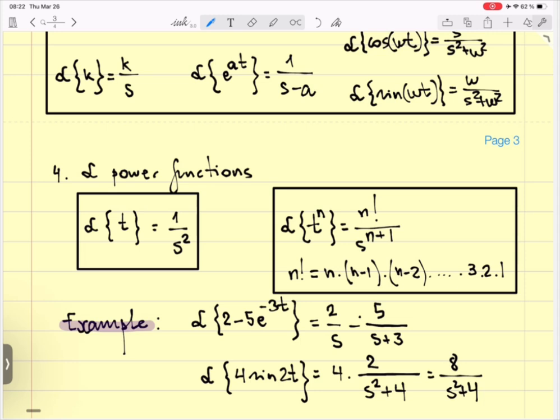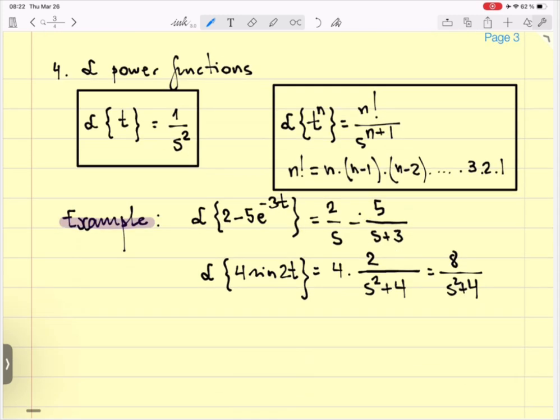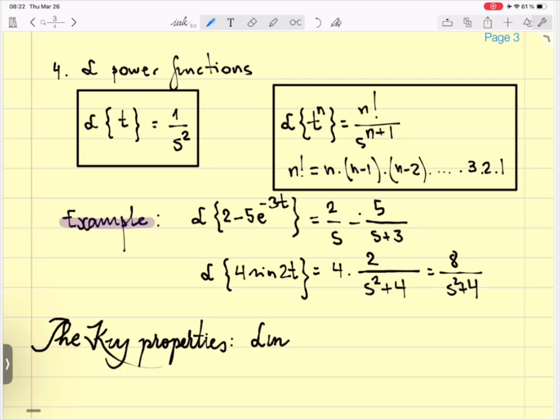Okay, so the key properties of the Laplace transform are called linearity, and derivatives.